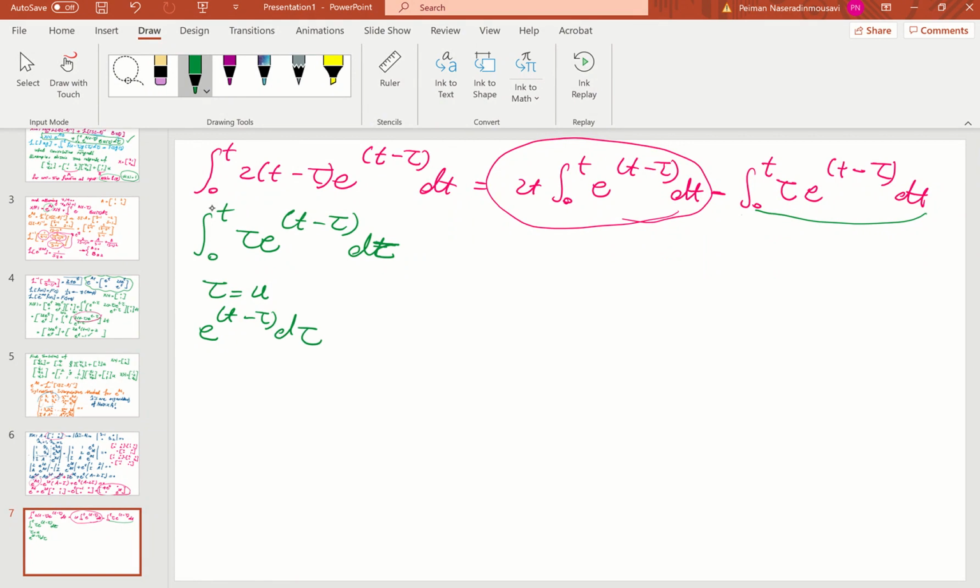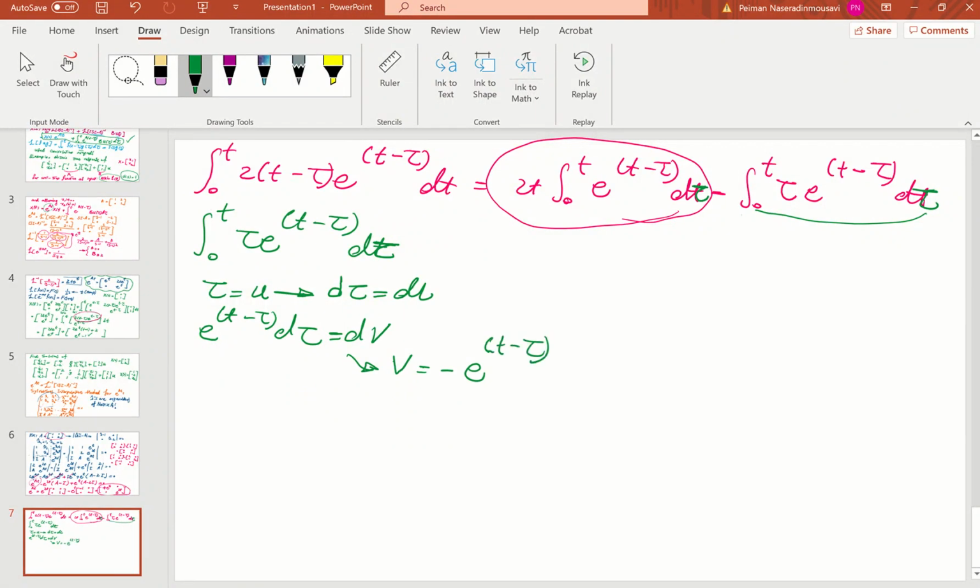Oh, these are taus, guys. These are taus. I'm getting older. So d tau is du, and from here v is minus e^(t minus tau).